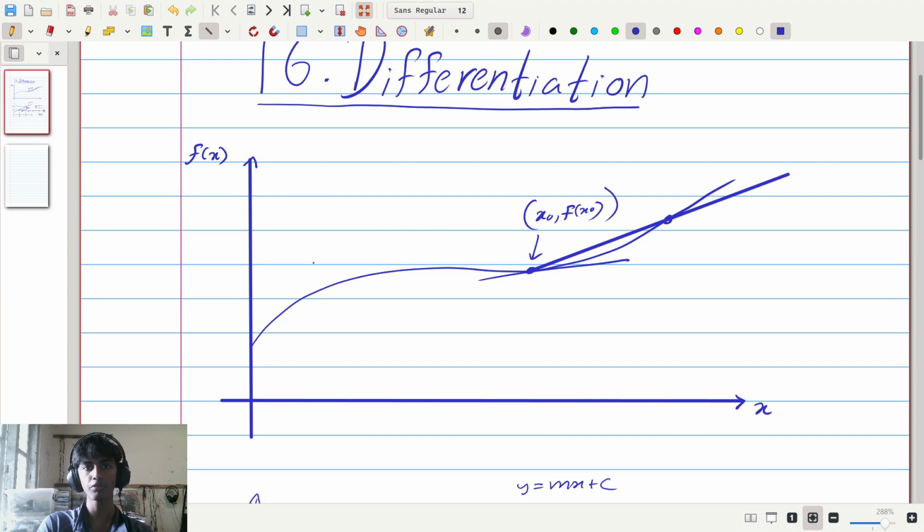We have a concept for this. If you don't remember that concept, go back to this video here. This concept is the concept of limits. What we are interested in here, rephrased, is the limit as this point gets arbitrarily close to this point. So we're interested in the limit as this point approaches this point of the gradient of this line here.